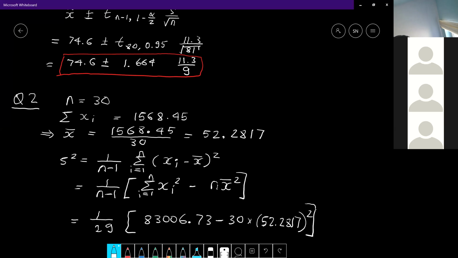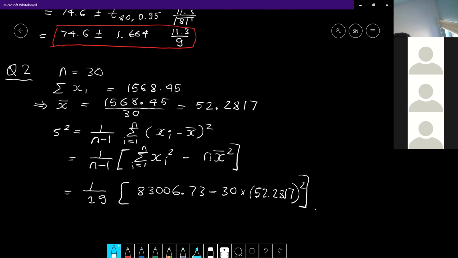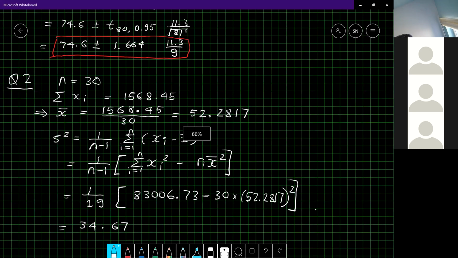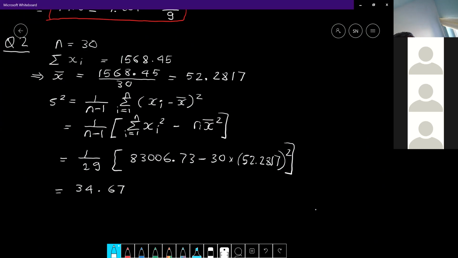Now, if you do the math for this, you will get 34.67. So that's your sample variance. Okay, guys.